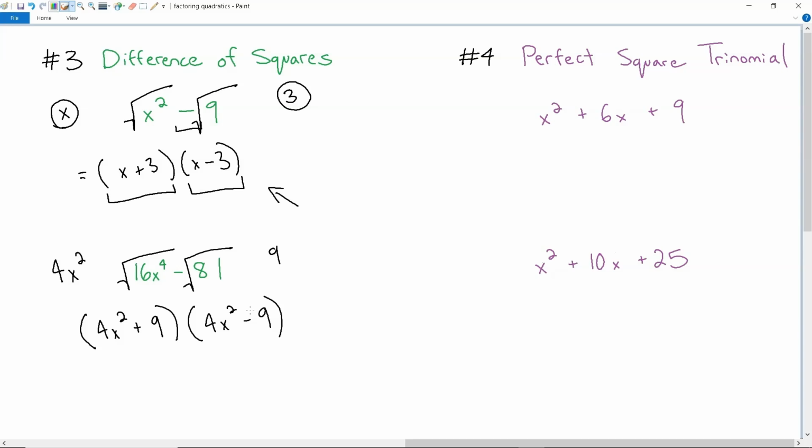In this case, you can actually factor this a little bit further, because by creating our factored form, we've actually introduced another difference of squares right here. I could apply the same rules to the 4x squared minus 9 that I did to the 16x to the 4 minus 81.